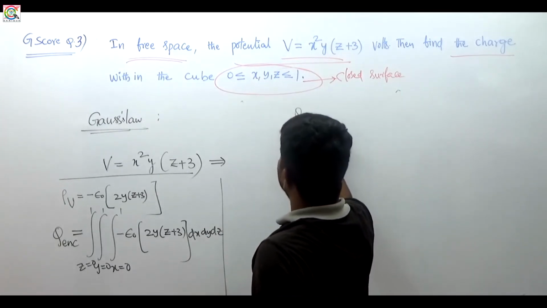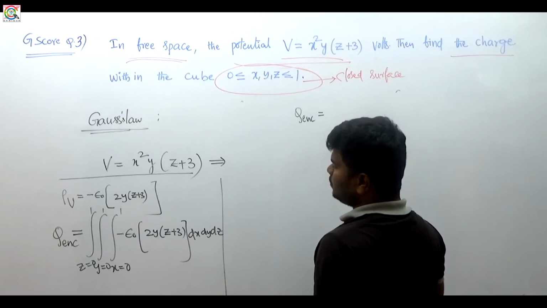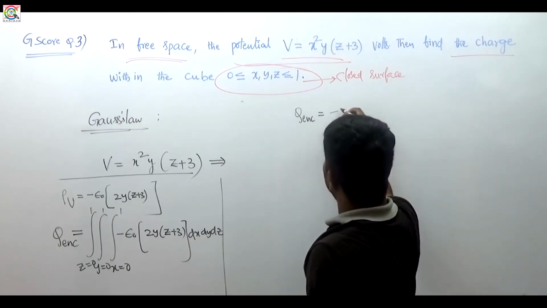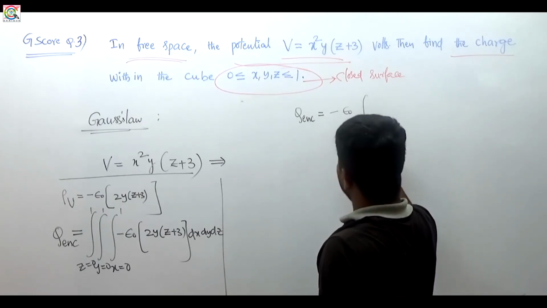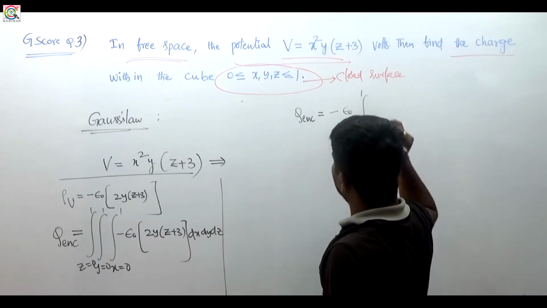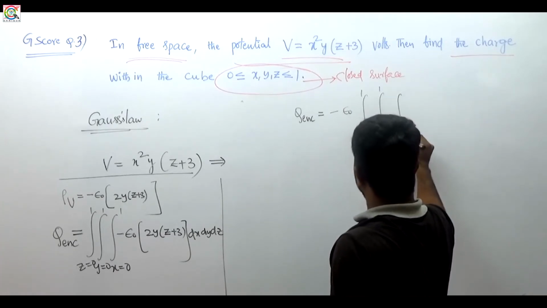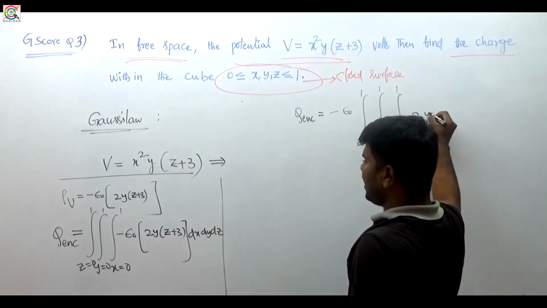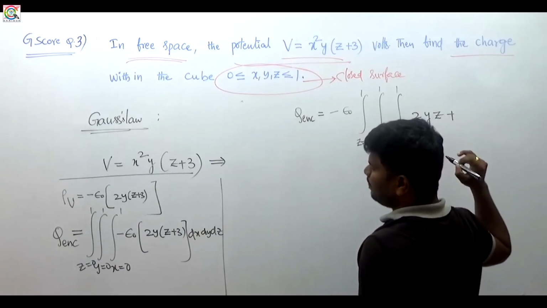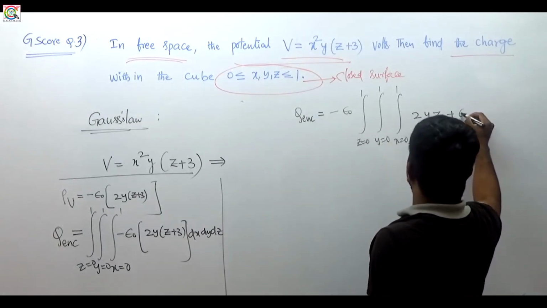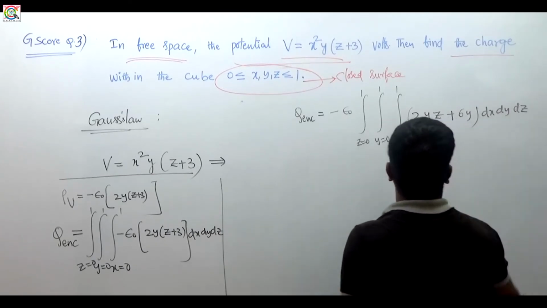Q enclosed is equal to minus epsilon naught, where z is from 0 to 1, y is from 0 to 1, x is from 0 to 1, and the integrand will be 2yz plus 6y, with dx dy dz.